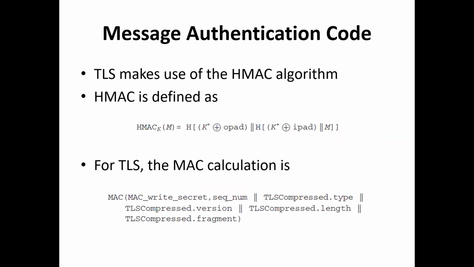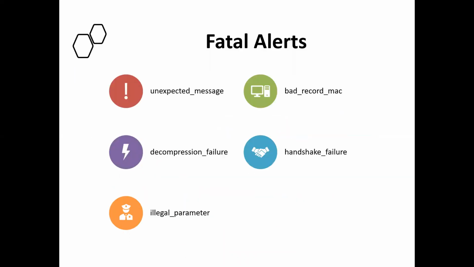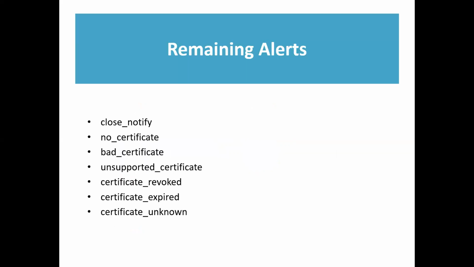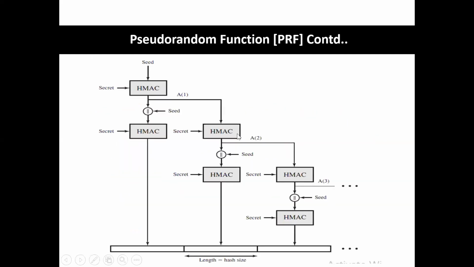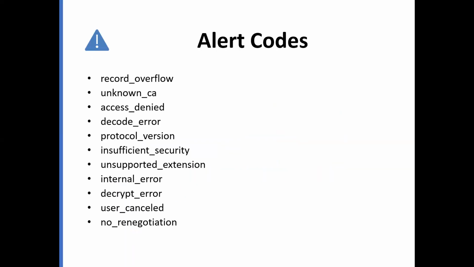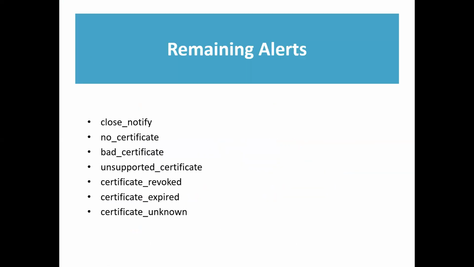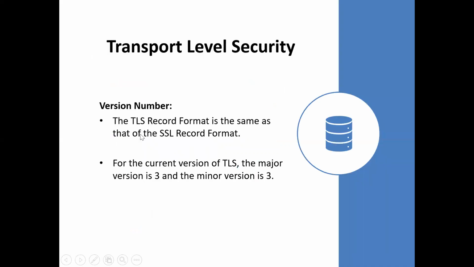So we will see the alert messages: unexpected message, bad record MAC, decompression failure, handshake failure, illegal parameter, and also the remaining alerts. All these alert messages are going to be supported by TLS, except no certificate. This is the no certificate message. It is not supported in TLS.